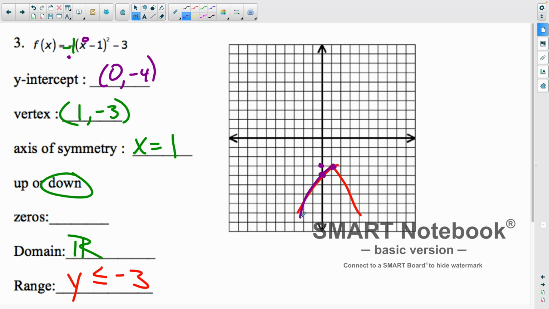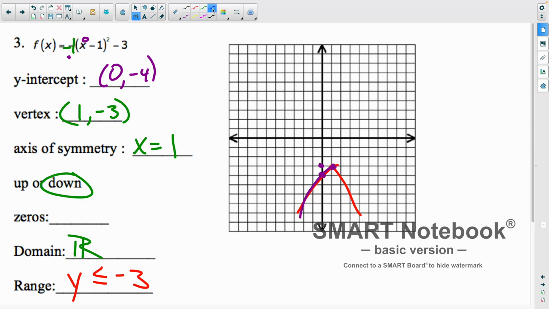So plug in. All right. What are my zeros? They don't have any real zeros. Now, I'm going to go through the process of solving them once, because not every time you have vertex form do you have no real solutions. So let's talk about how to get there if we're in this situation.